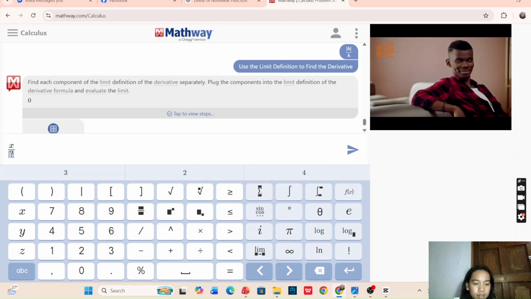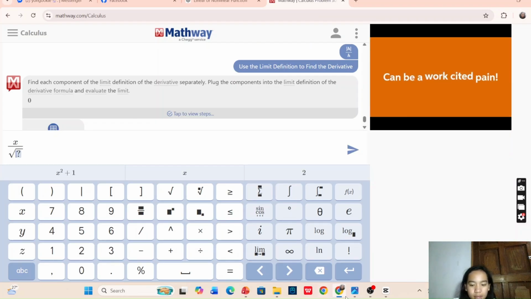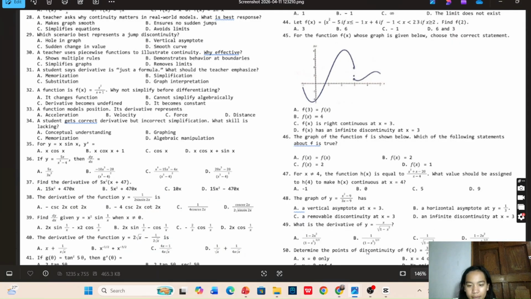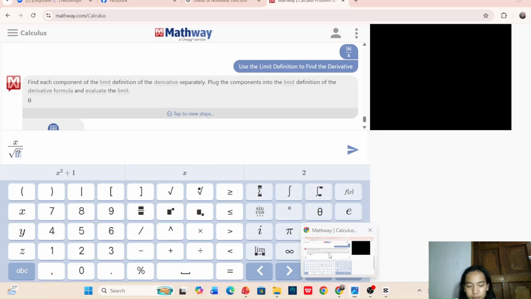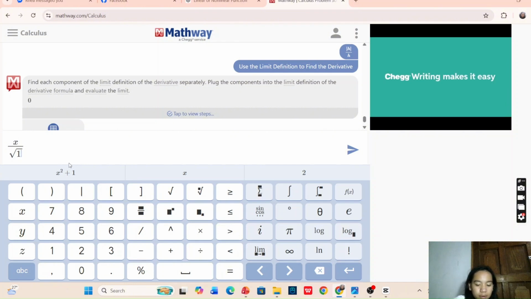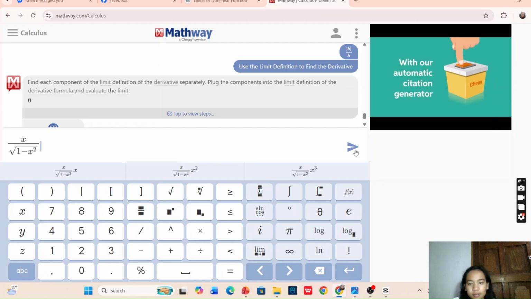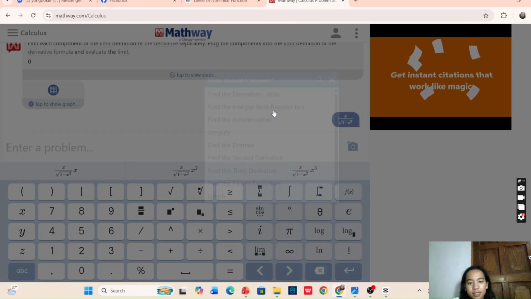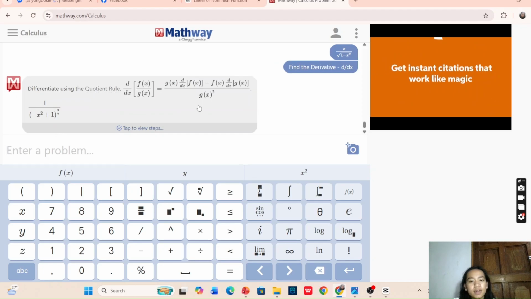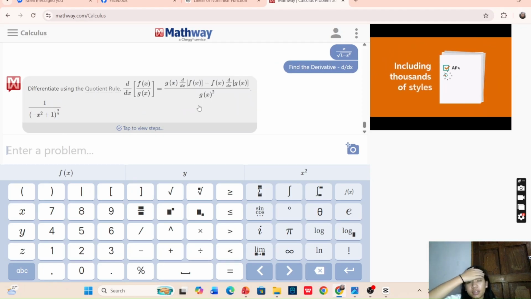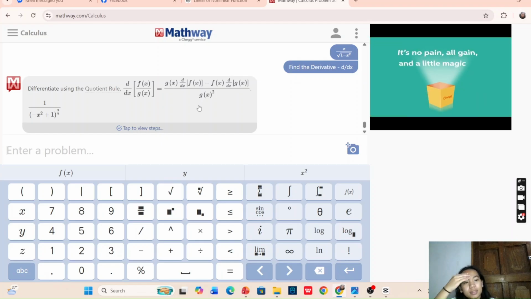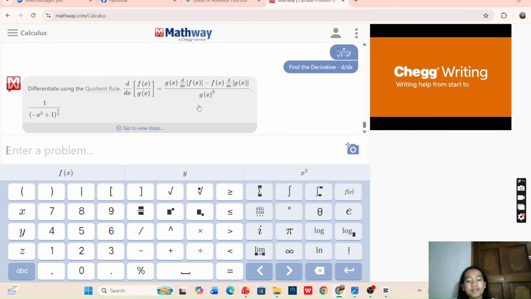Let's find its derivative. The derivative of this function is 1 all over negative x squared plus 1 to the power of 3 halves.